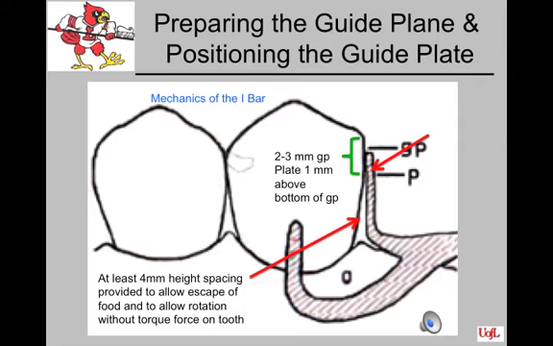This space also allows the partial to depress in that posterior area under masticatory forces, and the guide plate then rotates toward the tooth over this spaced area, but does not torque the tooth. The framework rotates around the mesial rest toward the long axis of the tooth, and the I-bar actually disengages the tooth. Therefore, you do not get much torque on that abutment tooth. This is the whole idea of the I-bar.